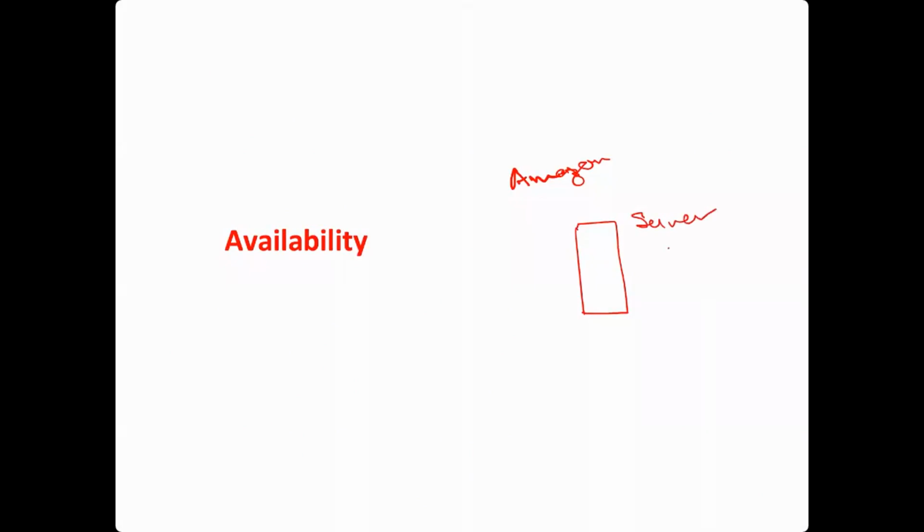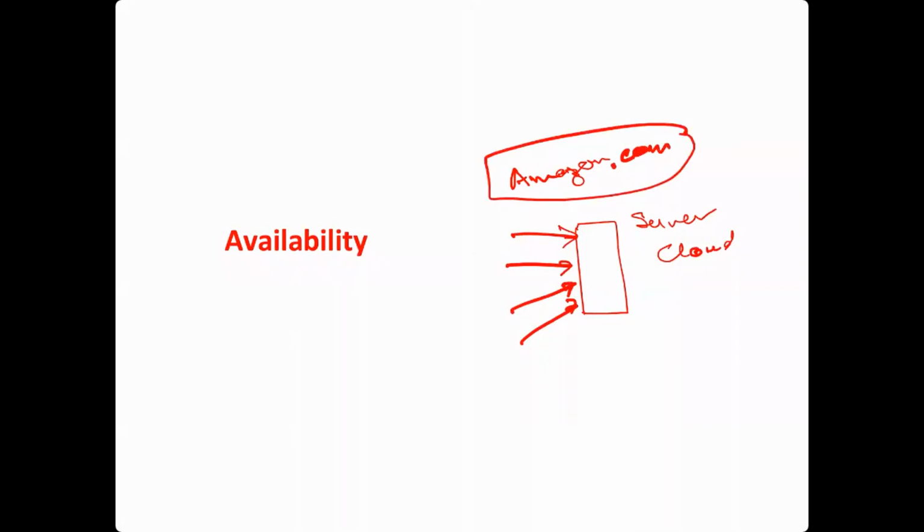These servers can be over the cloud or whatever, and they do all kinds of electronic transactions, and of course provide resources like VMs, etc. So let's go to Amazon.com and say we want to buy some stuff from there, right? Now look at this server design. It's almost 100% up all the time, 24/7.